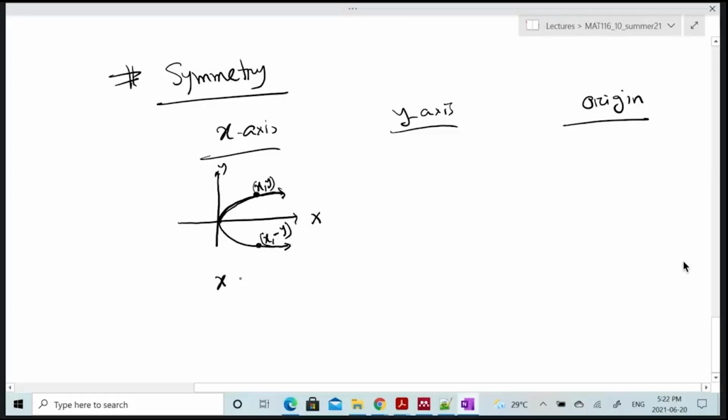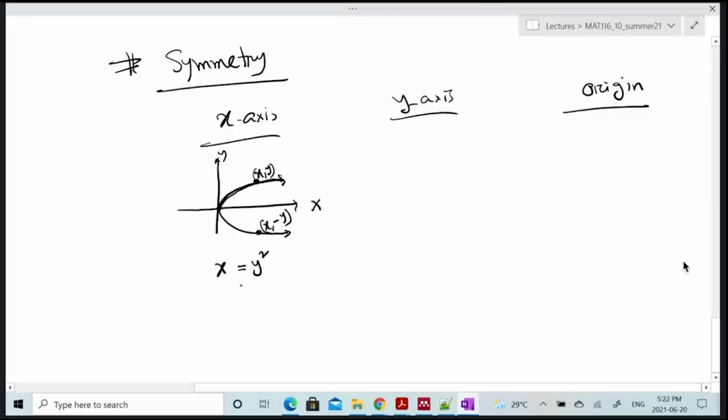For example, if we have x equal to y squared, look at what's happening here. For x-axis symmetry, y is gonna be minus y. So in order to test the symmetry for the x-axis, we have to replace y by minus y in the given equation.